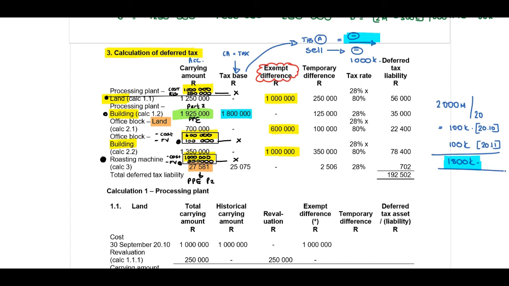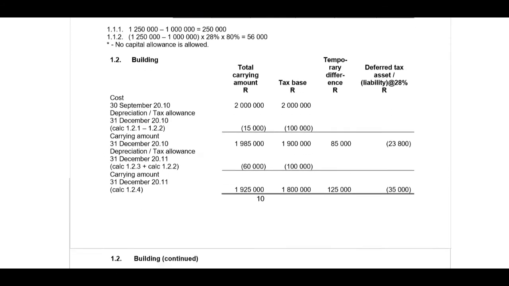Now, let's have a look at our roasting machine. What is the tax base of our roasting machine? 25075. But how did we calculate this? We use our cost, which is 30090. Divide this by the 6 years. And we are able to deduct, I just want to get the amount here, guys.